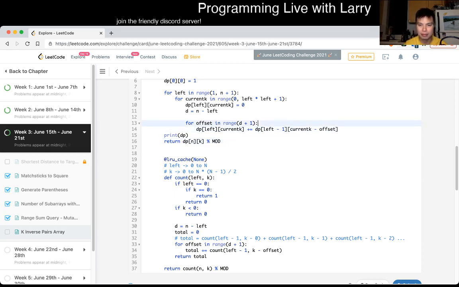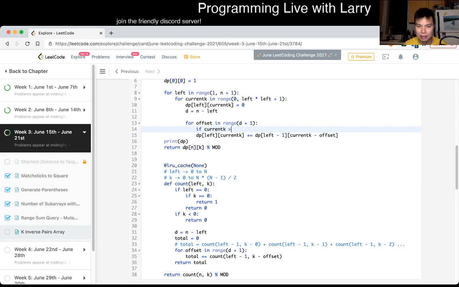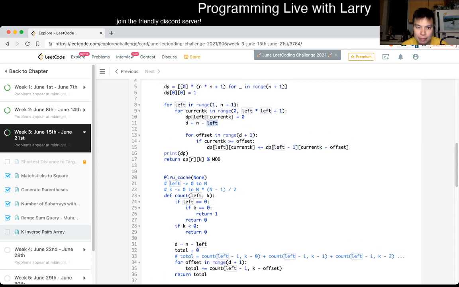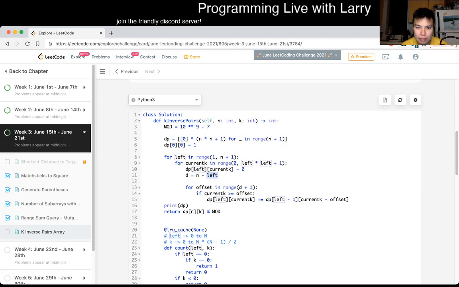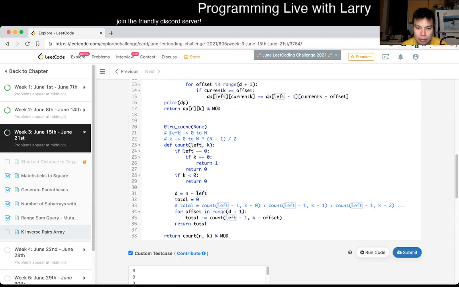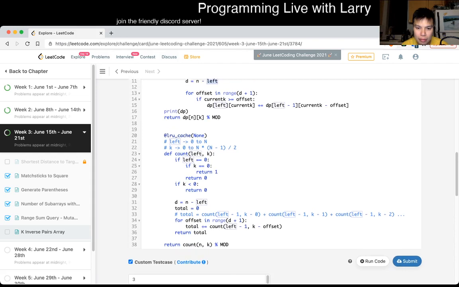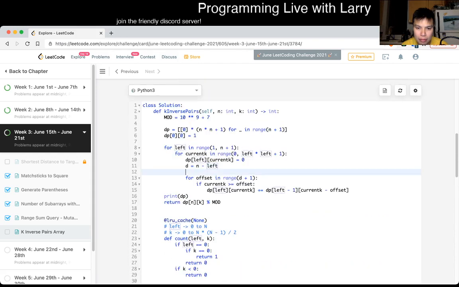Oh, I guess, I mean, this should be there, but did I have the left one? So offset is 0. Yep.